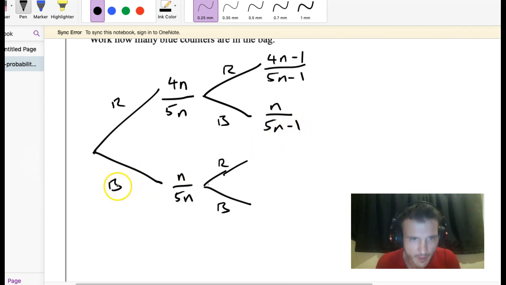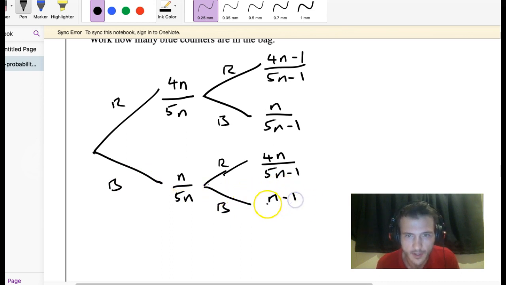Let's say we pick a blue first and then a red. It'll be the first red, so there's still 4n reds, so 4n over 5n minus 1. But if we pick a blue and then another blue, there's 1 less blue, so it'll be n minus 1 over 5n minus 1.